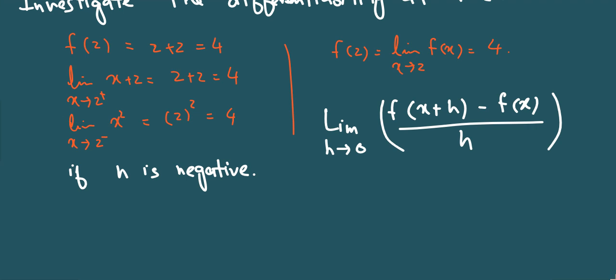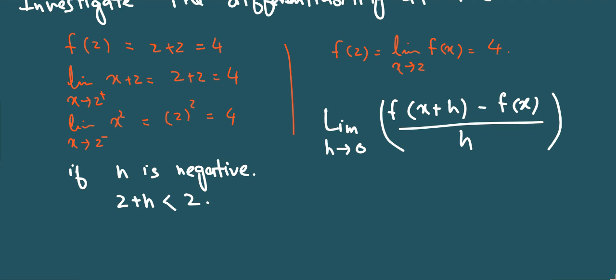So now if h is negative, that means x plus h is lesser than x. Or in other words, now x is 2 basically, so we can say that 2 plus h is lesser than 2, right? If h is negative. Is it clear?